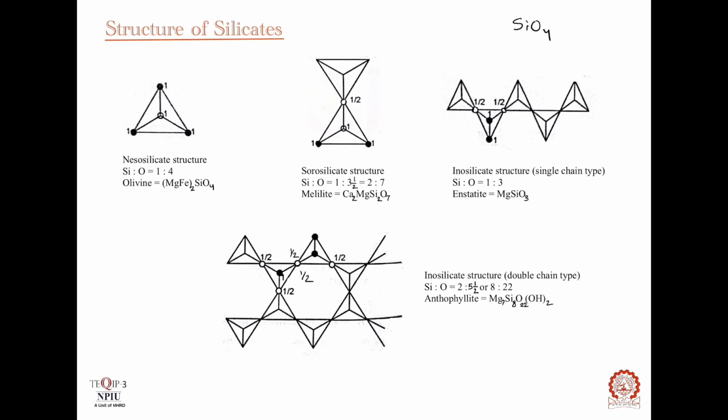Now count the oxygen atoms for one silicon atom. Here in this unit we will have one oxygen atom, 2, 3, and this is half oxygen atom, because this oxygen is shared between 2 units. So for this silicon we will have how many oxygen atoms? 1, 2, 3 and a half. So that's why here the ratio between silicon and oxygen is 1:3 and a half.